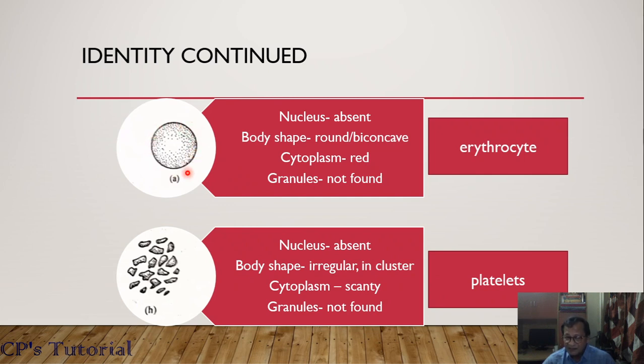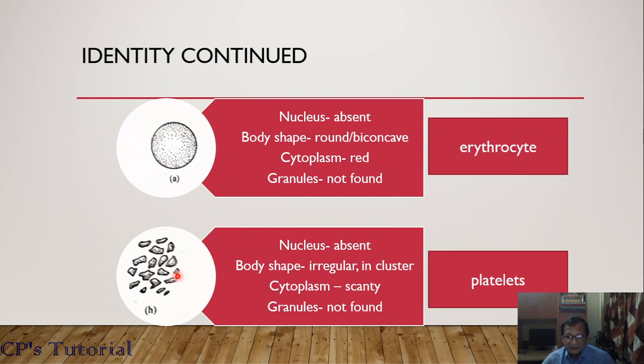In case of erythrocyte, it is round or it can be biconcave. But in case of platelets, it is irregular in shape and present in clusters. Okay, all these characters of nucleus and granules have been told only to identify cells conspicuously when you determine or identify the cells from the field.